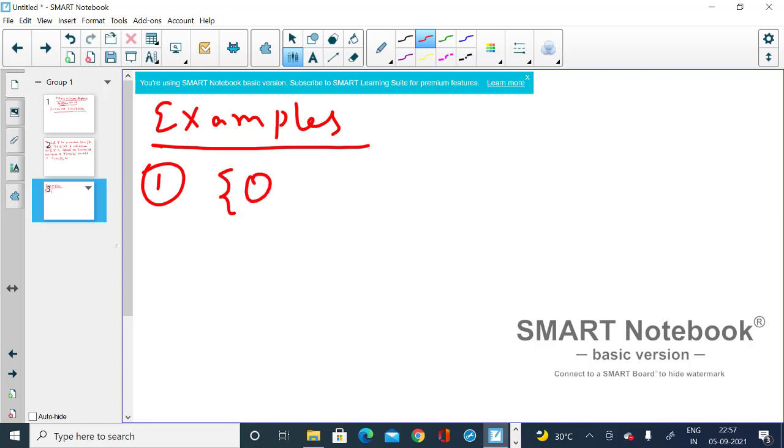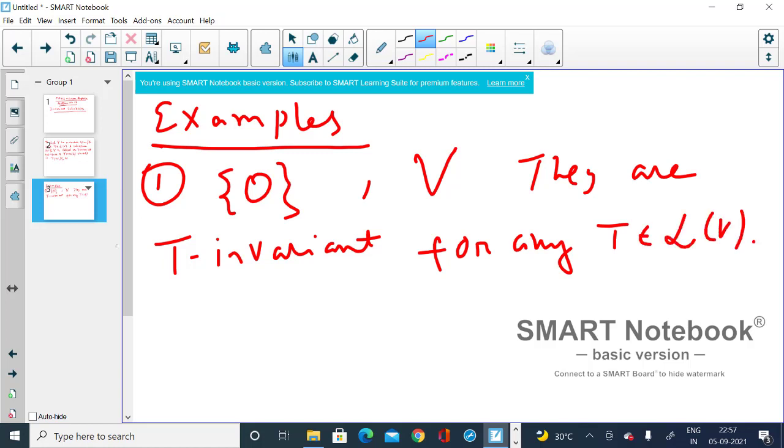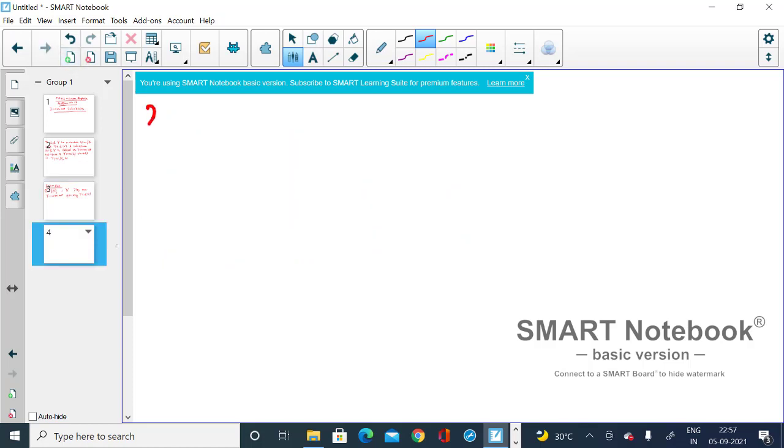One is the zero subspace, the other one is the total subspace V. They are T-invariant for any linear operator T. This doesn't matter.